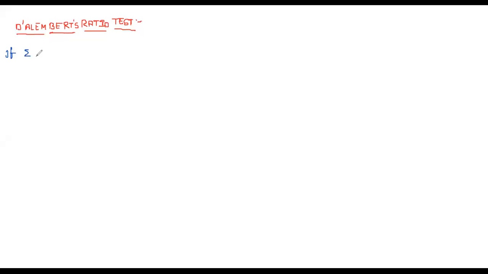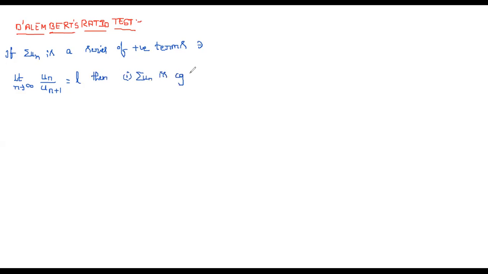If summation Un is a series of positive terms, it means a series consisting of positive terms such that limit n tends to infinity Un by Un plus 1 is equal to L. Then first condition, summation Un is convergent if L greater than 1.